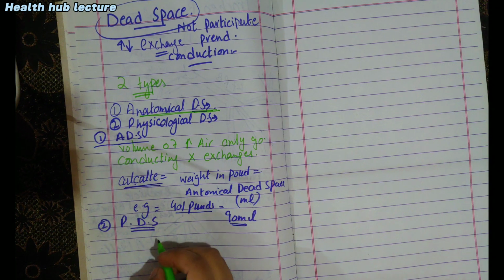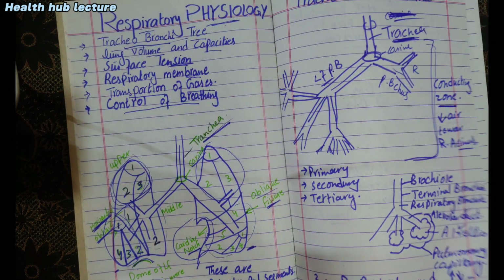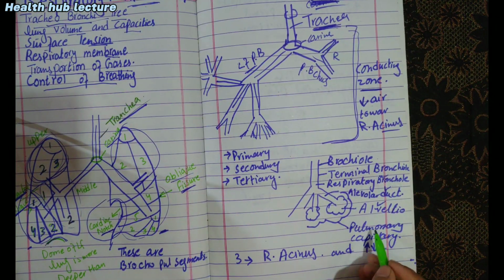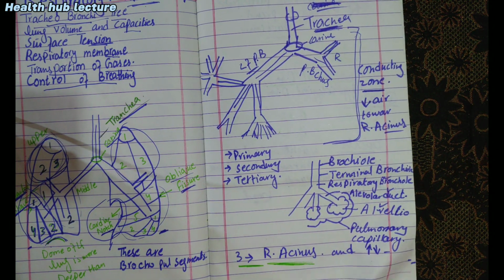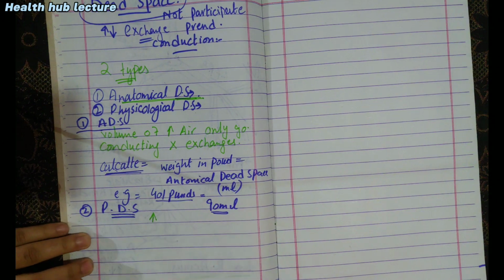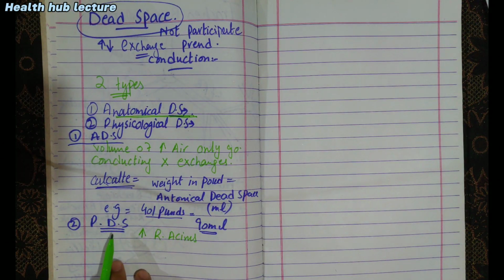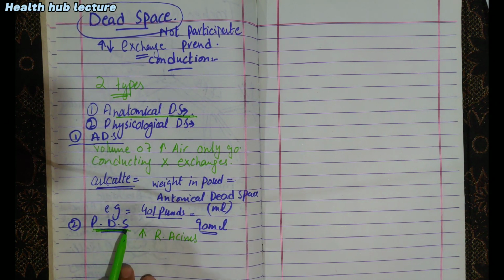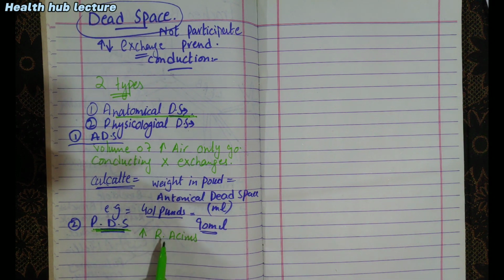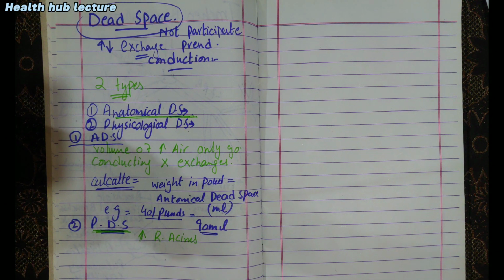In this, the air goes toward the alveoli and the respiratory acinus. These three are collectively called the respiratory acinus. Now we discuss about the physiological dead space.